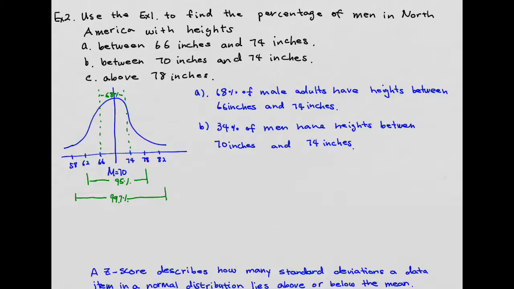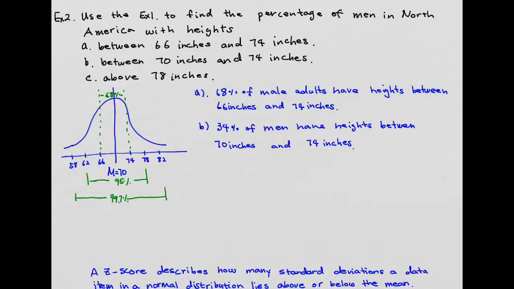So the other side plus the other side of 78 is going to be only 5%. But we don't want to know the percentage less than 62. We only wanted to know the percentage that is above 78. So this is not going to be included. So we're going to just use the half of it.